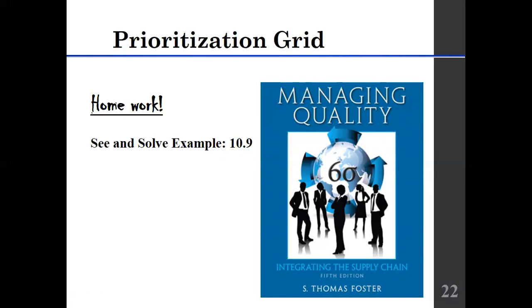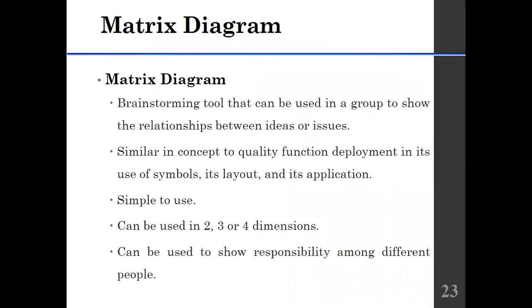You have to first understand the question of the example, and then you should use these tips of the prioritization grid, and look into the answer of the example. So you should understand that particular example. This is your homework.